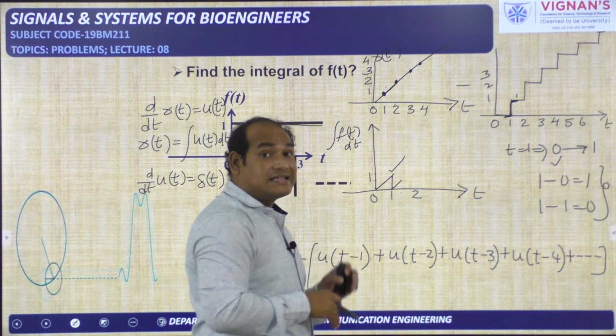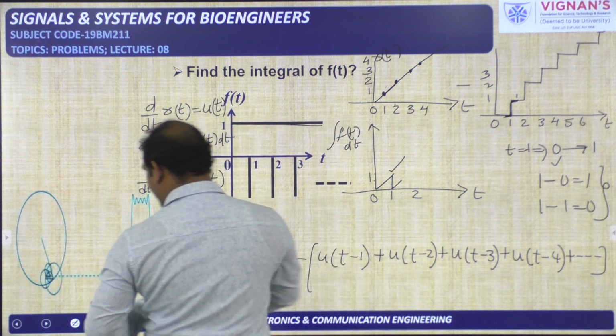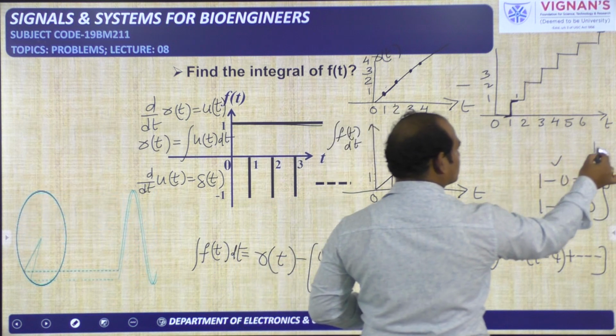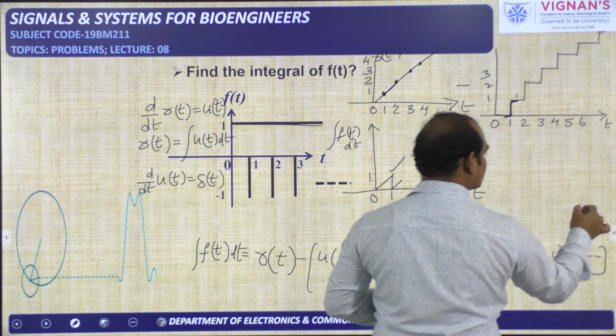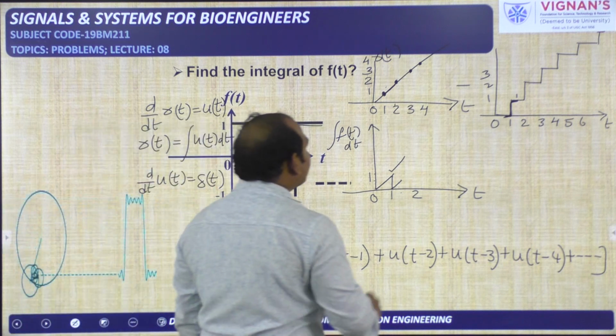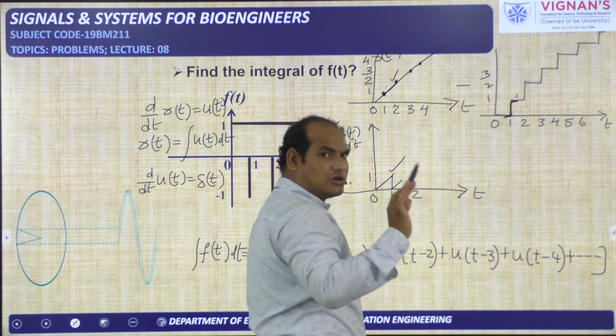Okay. Next, exactly at t is equal to 2, what is happening? You see again. Exactly at t is equal to 2, this signal amplitude is surely 2, there is no doubt.